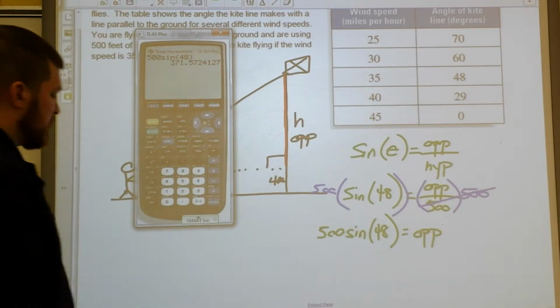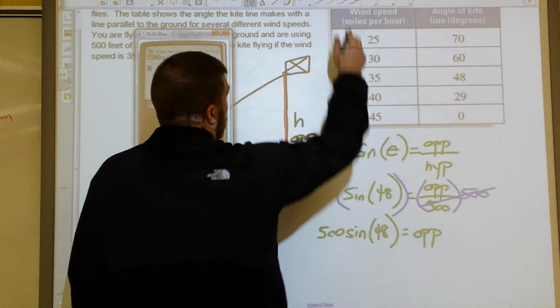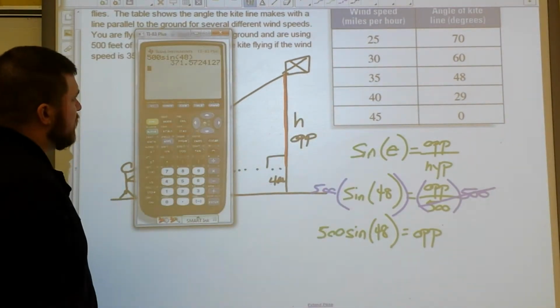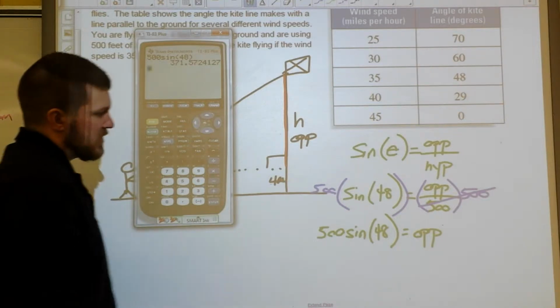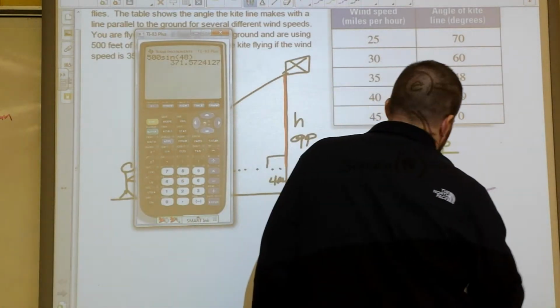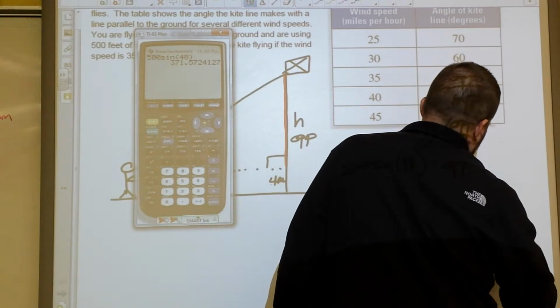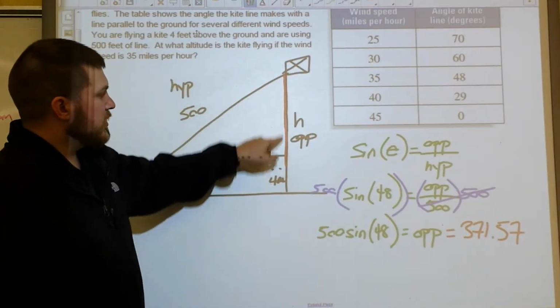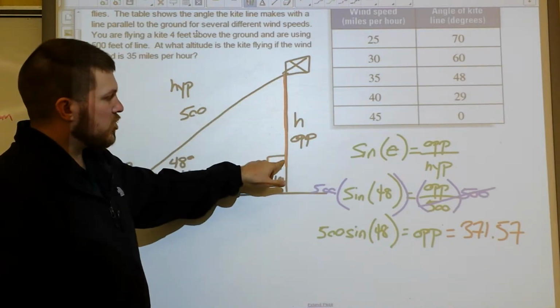So the opposite is approximately 371.57 feet, if I round to 2 decimal places. Now again, that's only this portion, this side of the triangle.